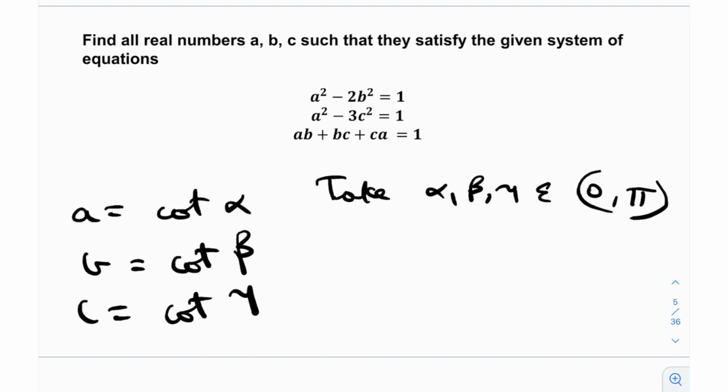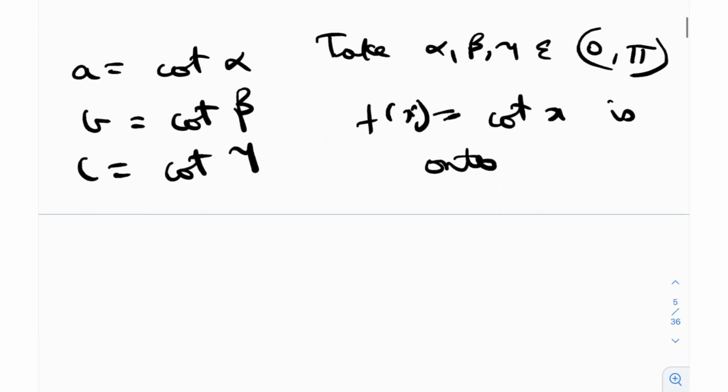And another thing to look at is that the function f of x is equal to cotangent x. This is surjective, or it's onto. Now, what is an onto function? So, for example, if I write y is equal to cotangent x, that means that for every y in its range, there exists an x in its domain, so that y is equal to cotangent x.